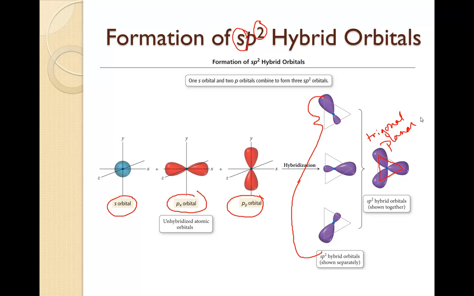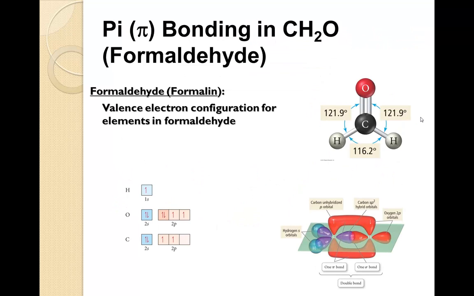So how exactly does this work with a double bond involved? Formaldehyde is an example of this. Notice it still has the three bond attachment configuration where it has a triangle. So we have 2s2, 2p2 for carbon, 2s2, 2p4 for oxygen, and 1s1 for hydrogen.